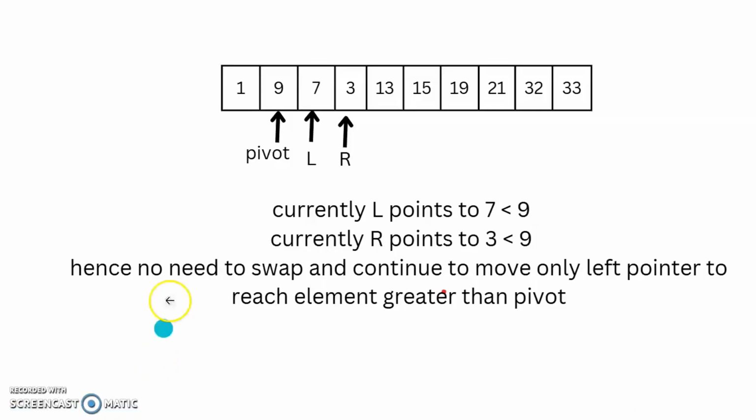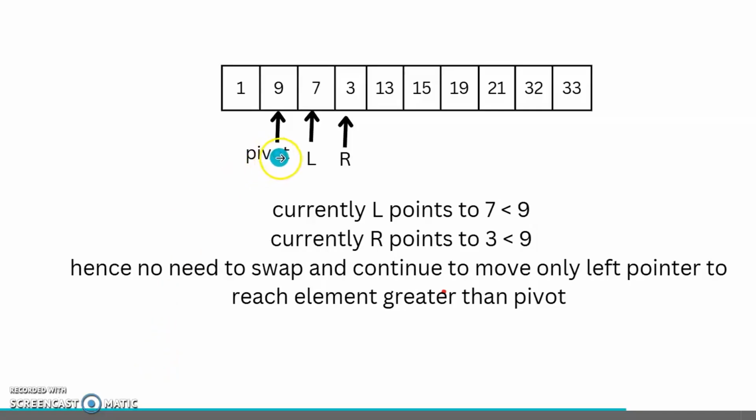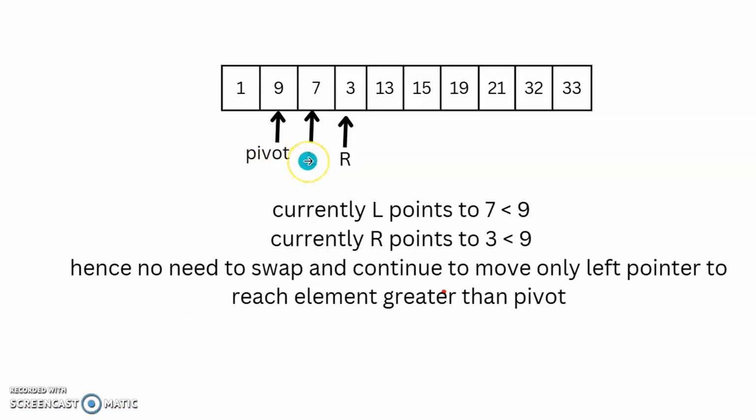Let us focus on the right half of the element 1. The pivot element is 9. The left pointer next to the pivot points to 7, and the right pointer points to the last element of the current list, 3. Currently L points to 7, less than 9, and R points to 3, less than 9.